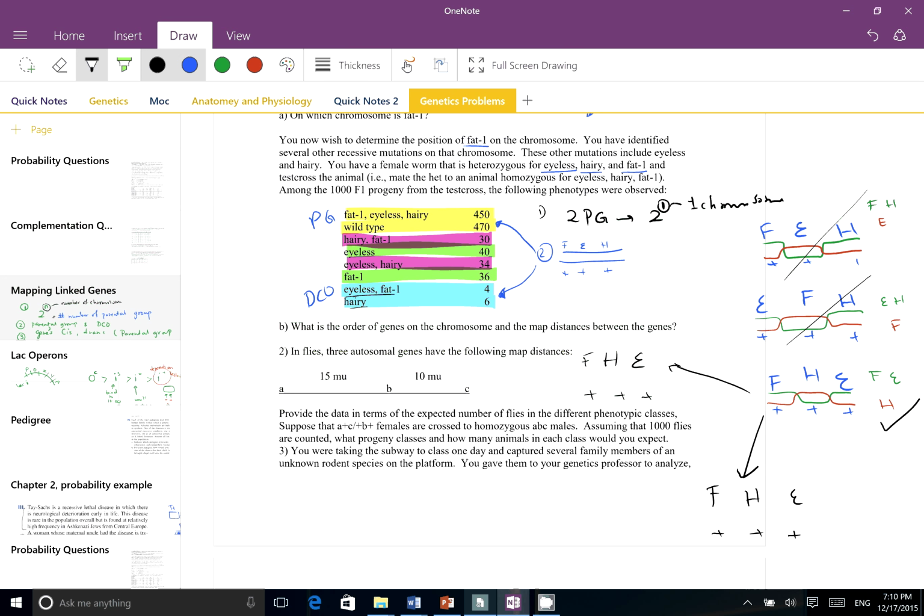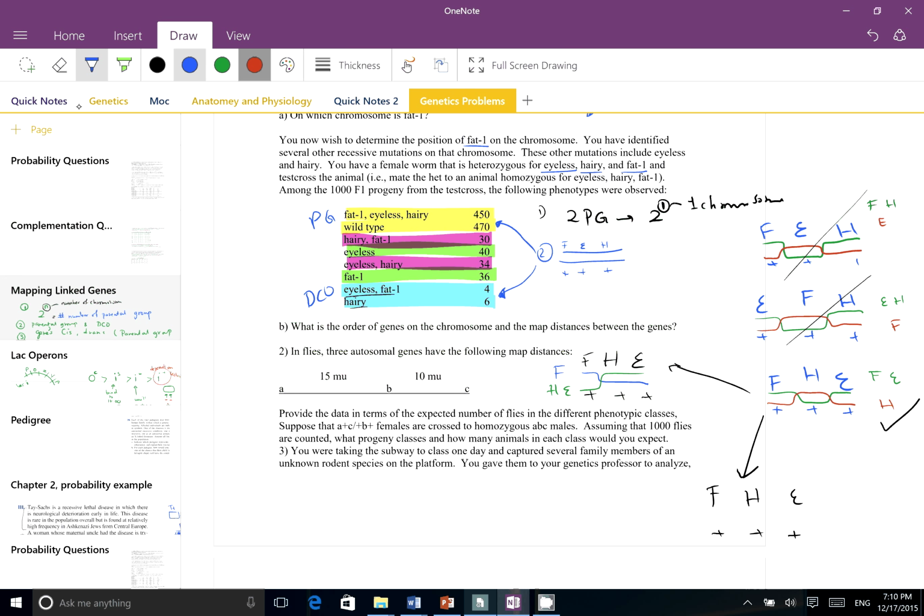Okay, and so let me do a single crossover. So fat will cross over and we'll have this, and then these two will cross over. So I'll have HE, and I'll have fat on its own, right?